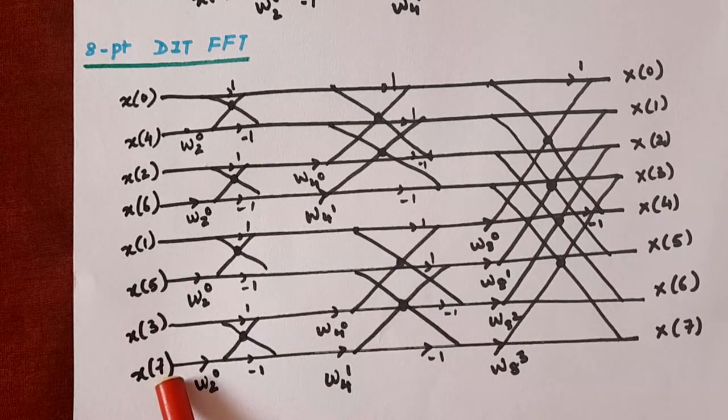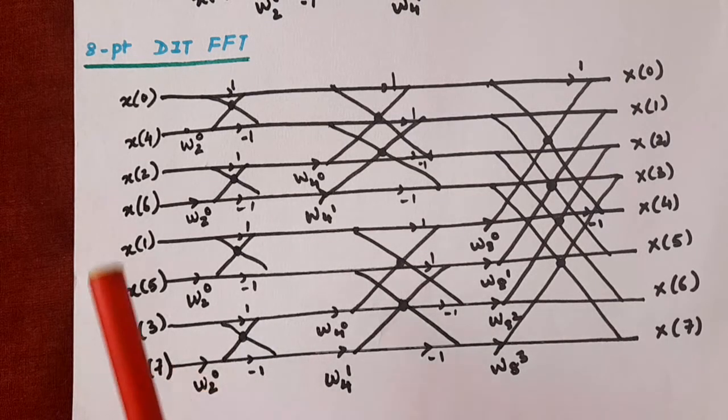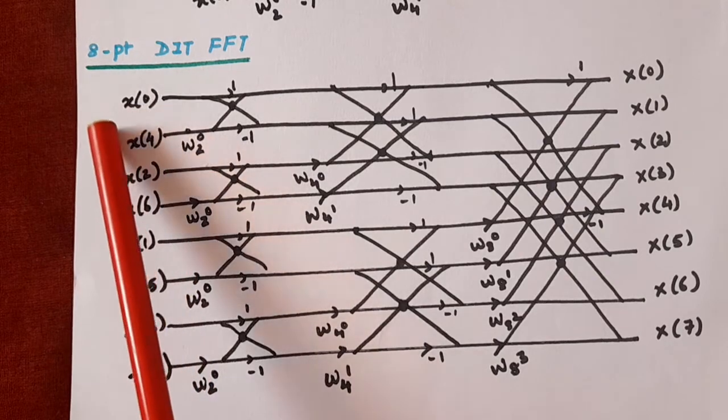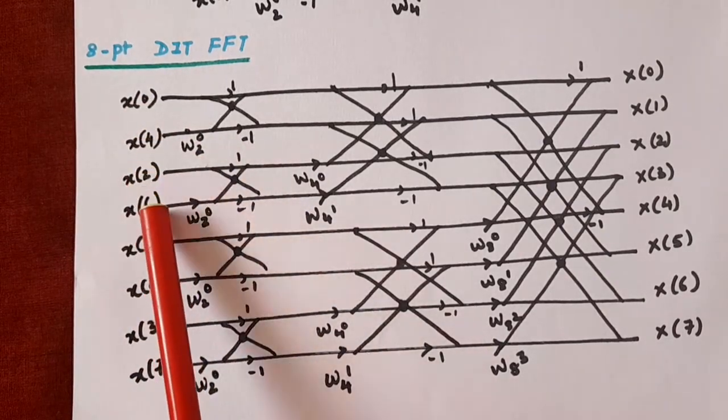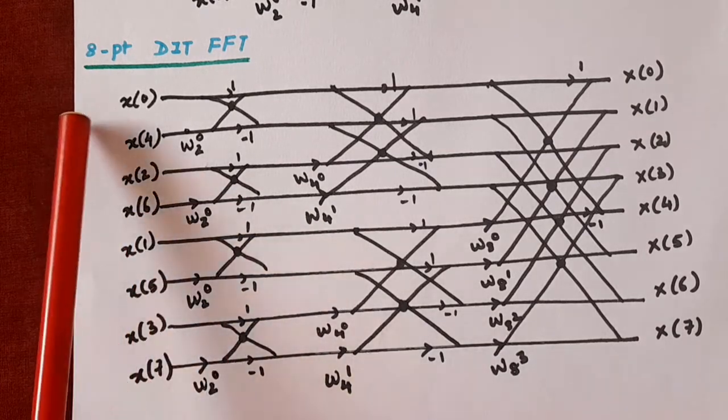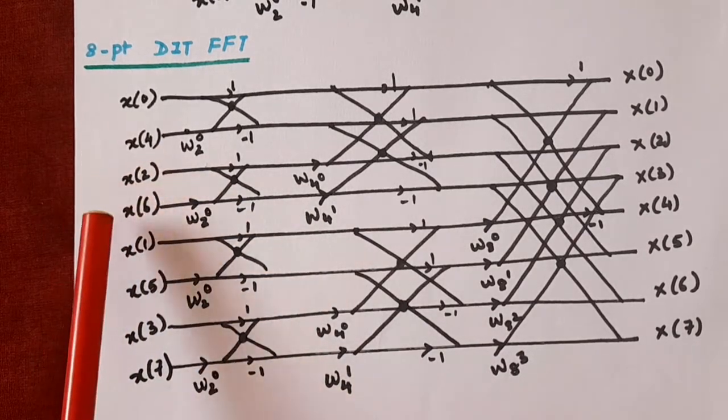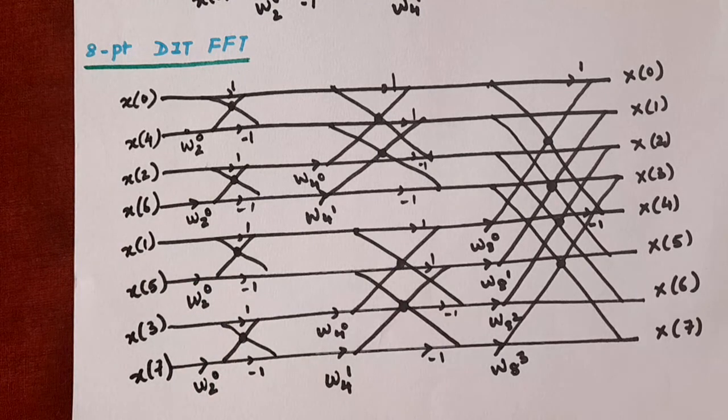In DIT, the input is in bit reversal. We have already seen the bit reversal table in the previous class, so I have written the values. The first 4 are even: x of 0, 4, 2, 6. And next is x of 1, x of 5, x of 3, x of 7.